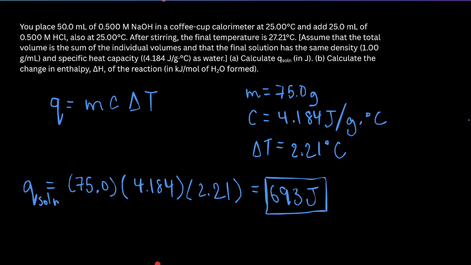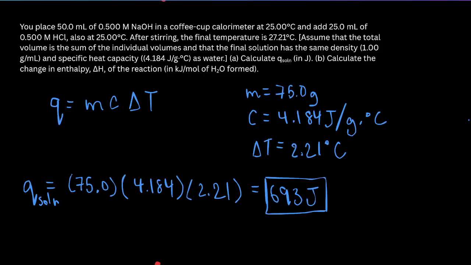That means this reaction between NaOH and HCl released heat into the solution, causing it to increase in temperature, where our heat of solution is going to be positive with respect to this solution, right? But our heat of reaction, on the other hand, the reaction is giving off heat.